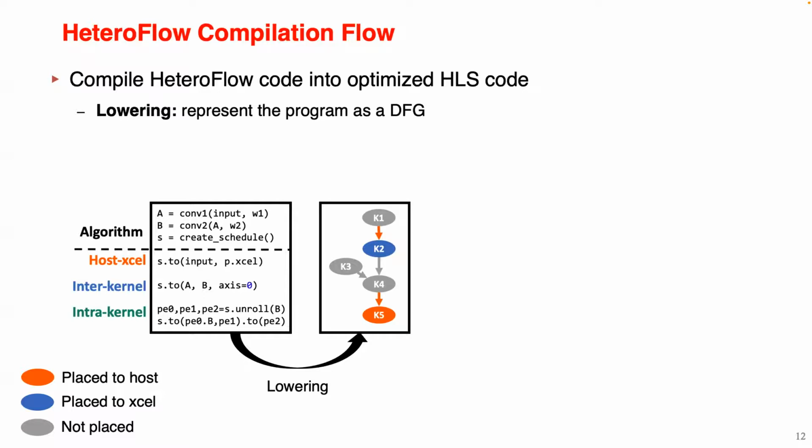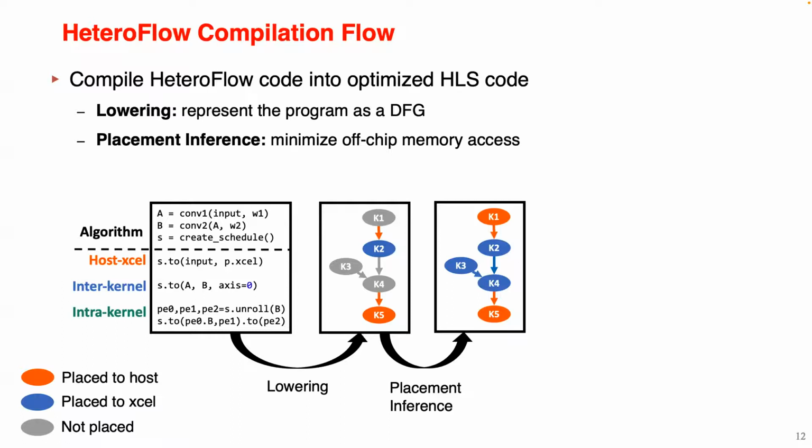If the kernel or the data is not placed explicitly using DAO2, it's marked as gray. For the second step, the HeteroFlow compiler will automatically infer the placement for these gray nodes and edges, with the goal to minimize the total off-chip memory access.